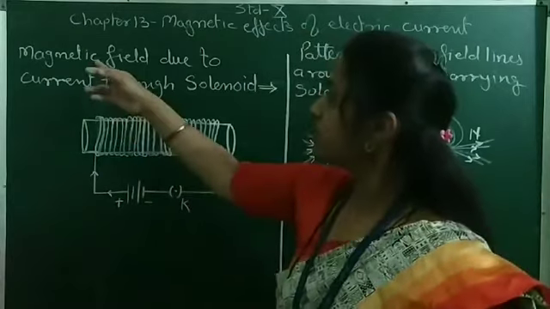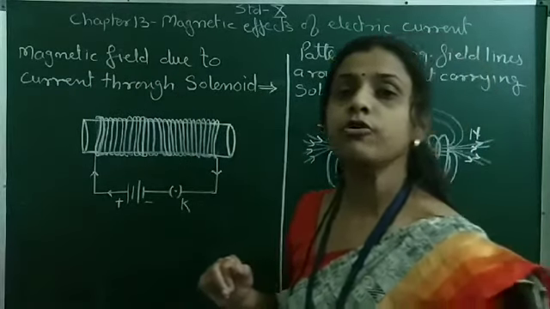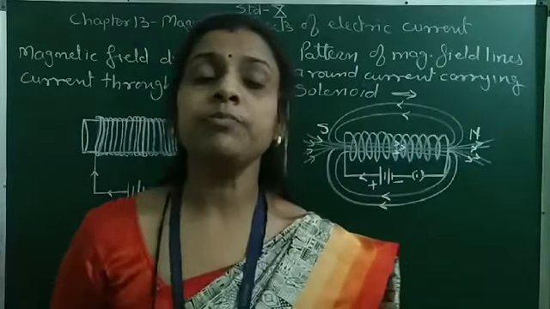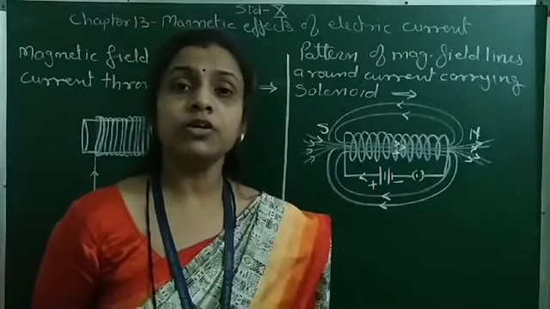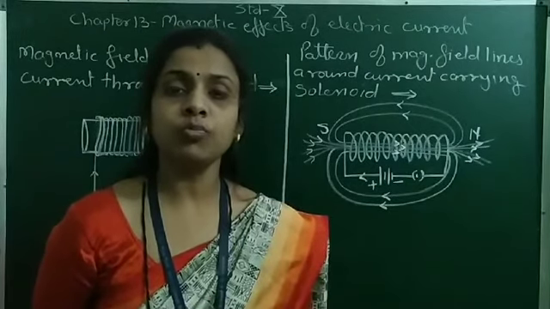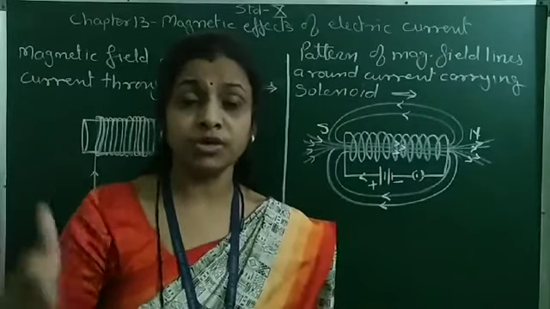The next topic is magnetic field due to current through a solenoid. First of all, what do you mean by a solenoid? In the previous activity, we saw a circular magnetic field due to current through a circular loop or circular coil, and that coil is made up of a large number of turns.